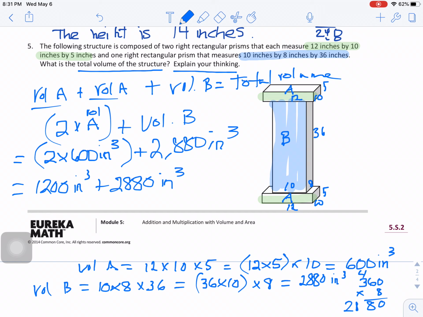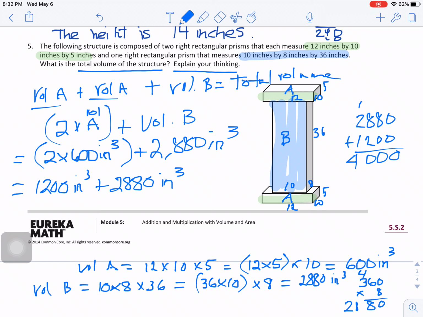So I'm going to go ahead and add those up in the margin over here. 2,880 plus 1,200, and we have a grand total of 4.